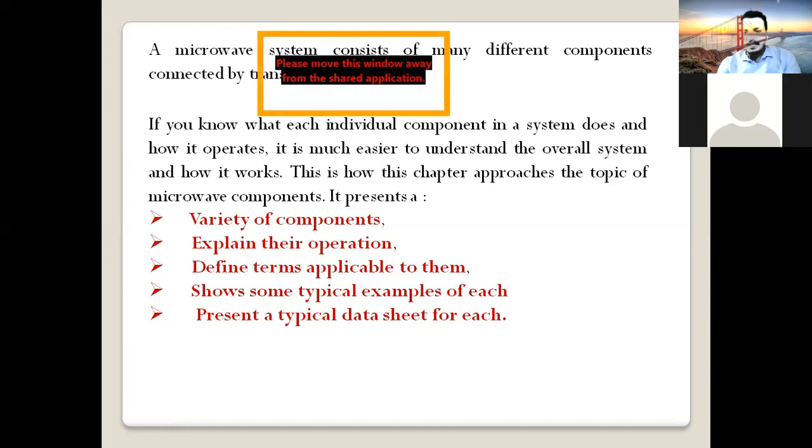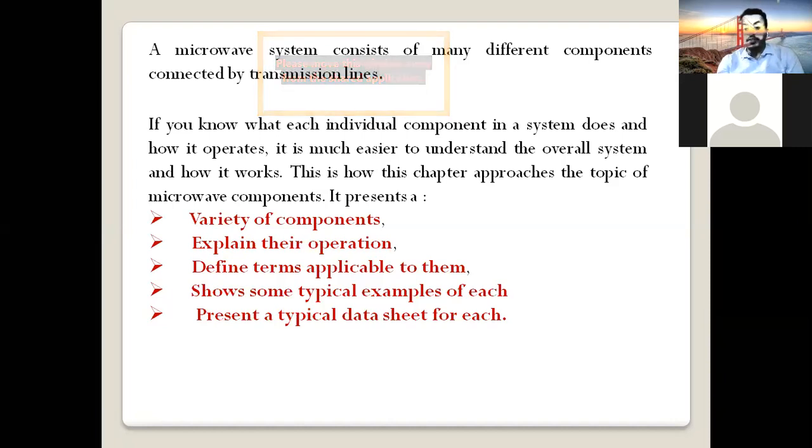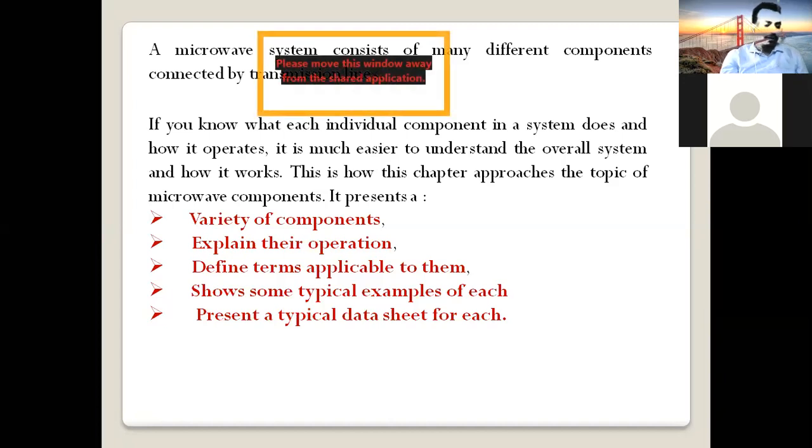It's very important to know each individual component in that system and understand how it operates. Then it's very easy to understand the big picture. That's why in this chapter we are going to discuss microwave components one by one. It's a very important chapter.